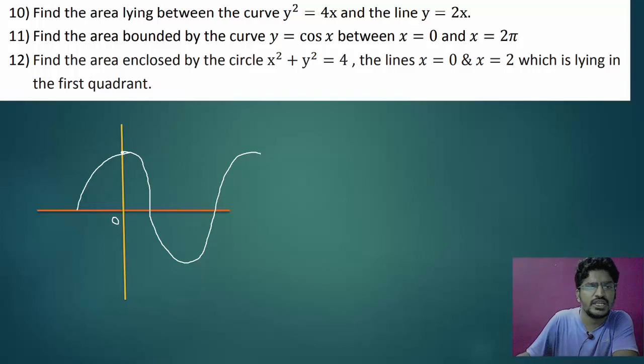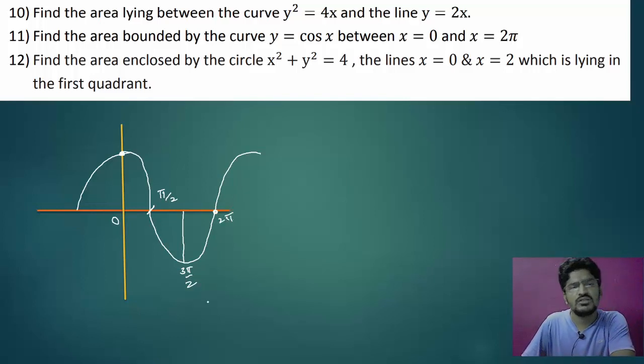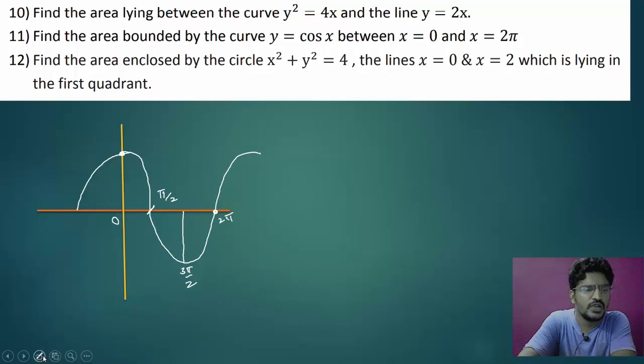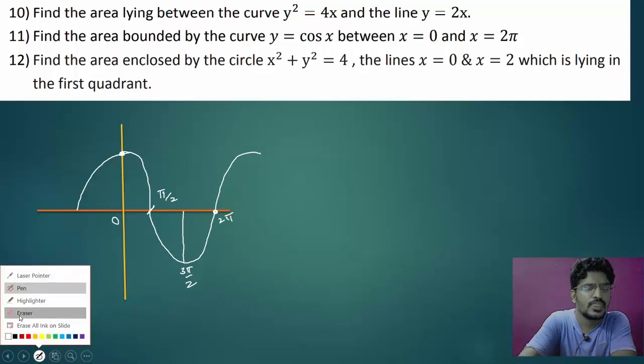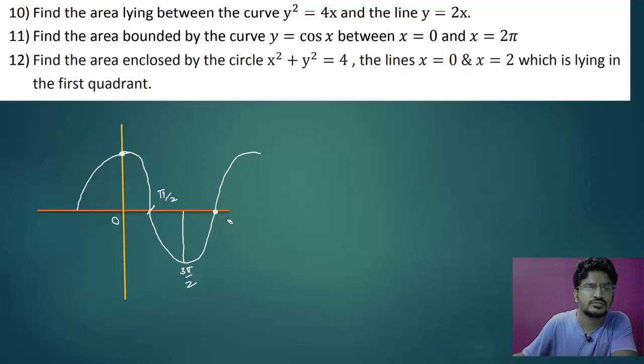At 0 it is 1, at pi by 2 it will become 0, at 3 pi by 2 it will become minus 1, at 2 pi it will become again 1. Clear?